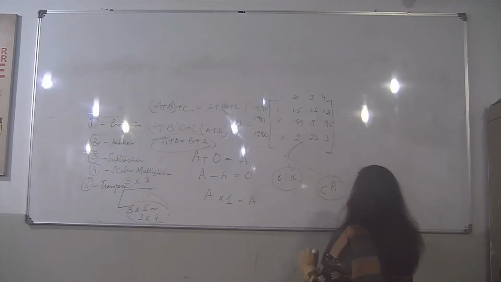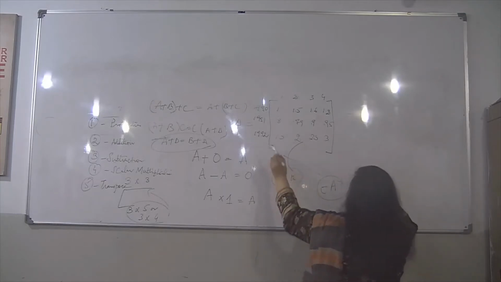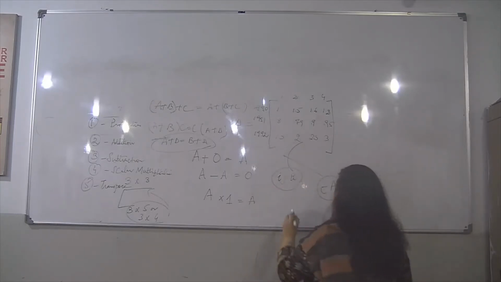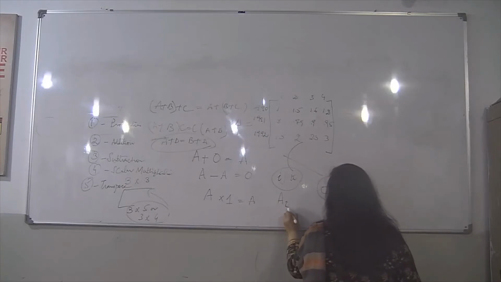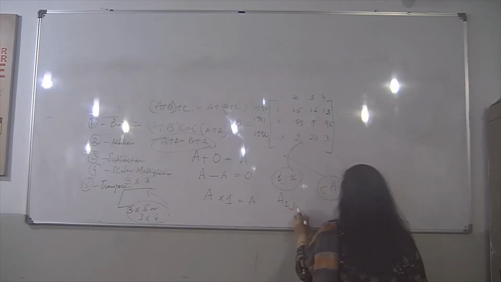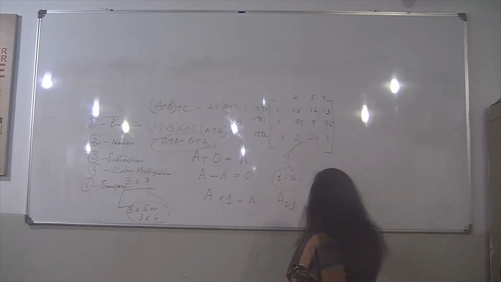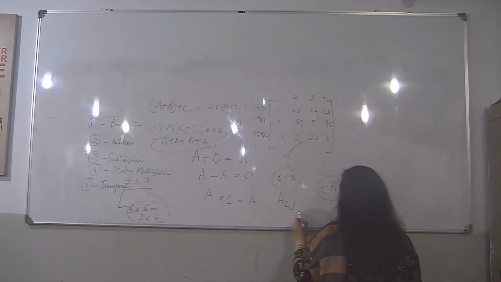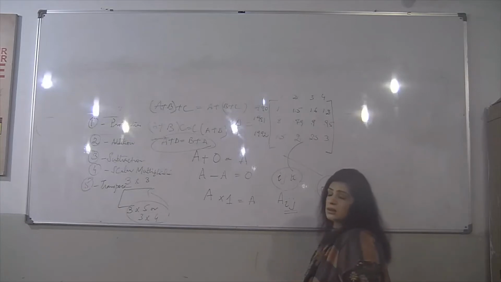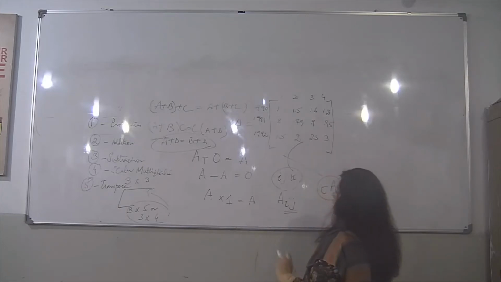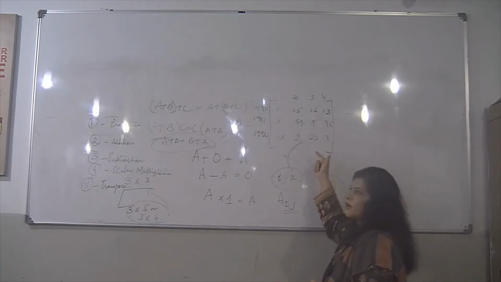And if I say that this matrix is A, then A with subscript ij would mean that I am giving the location of a particular number. Now how am I supposed to express it as a number?